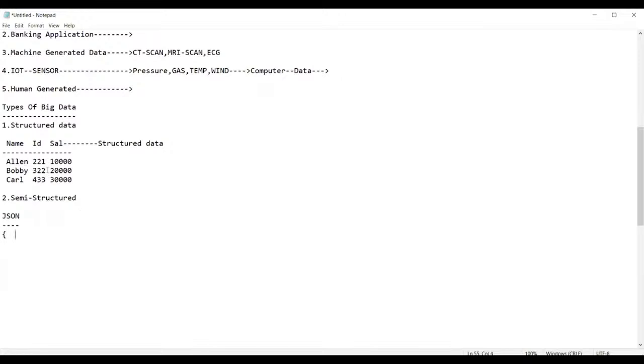Now, if I'm defining this data in JSON format, how will the data be? Let us see it here. Name under double quotes, and use the colon, Alan. Now, guys, use a comma. After this, use it again: ID.